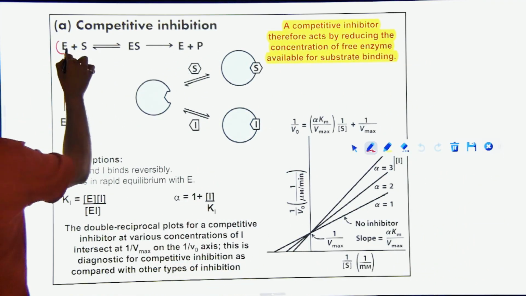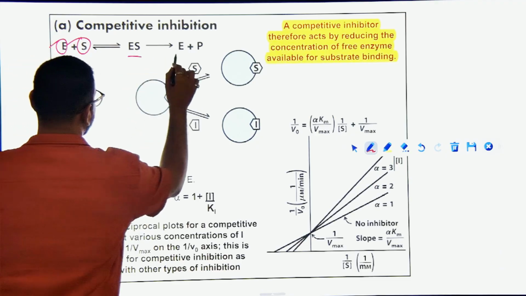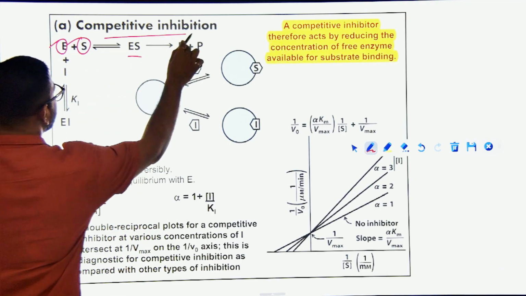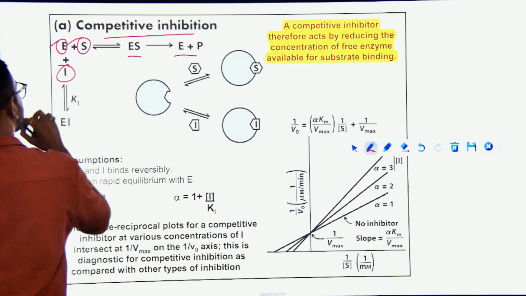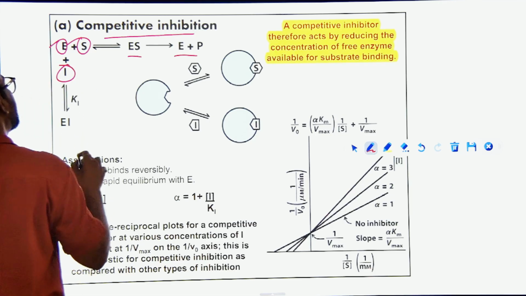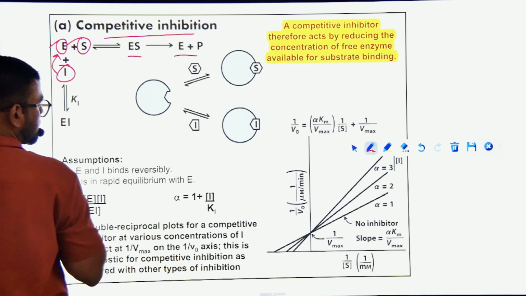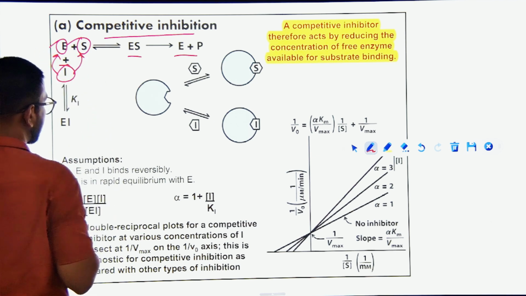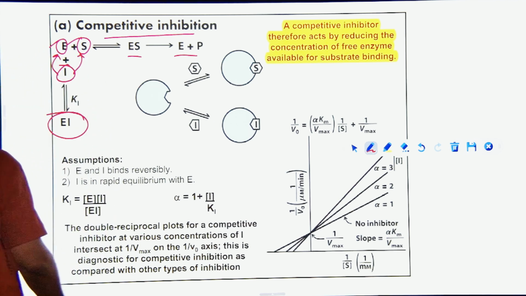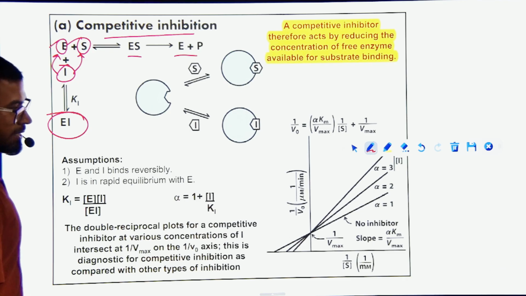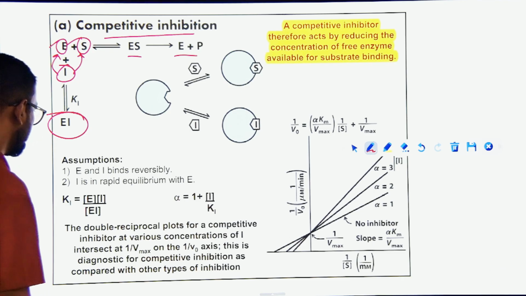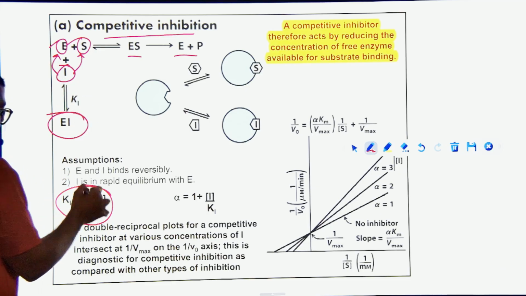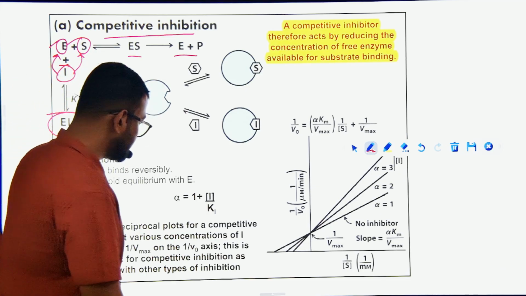We have our enzyme and substrate, ES complex, E to P. With the enzyme, as it is a competitive inhibition, that means the inhibitor is undergoing competition with S, so that it can bind with E. As a result, we are getting another product called EI, enzyme inhibitor complex. So for EI, Ki should be E into I by EI, as simple as that.